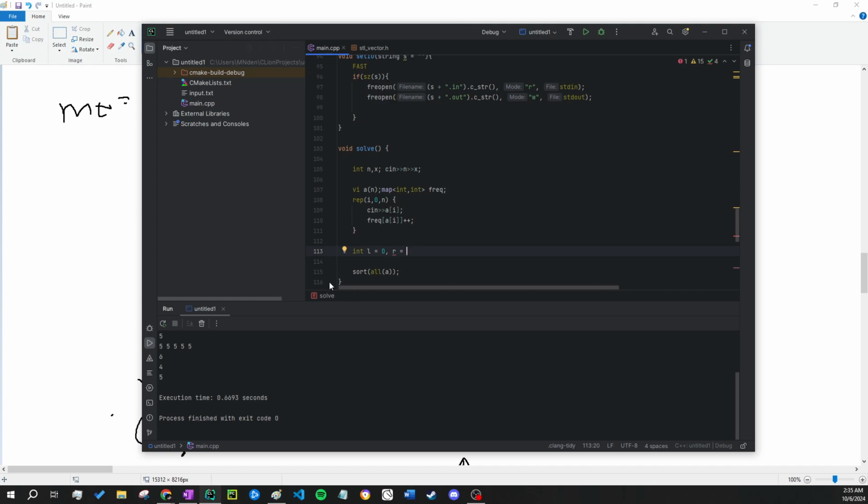Wait, okay, no, the highest value can be 0 actually, and then it's gonna be 2 to the 9, a big number.